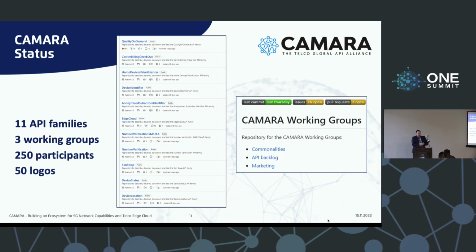We have about three different working groups, one on the whole sets of APIs, another focusing on commonality, and then another one on governance. In general, there's about 250-ish people that are participating at any given time, and we have about 50 different companies that are active working on this.